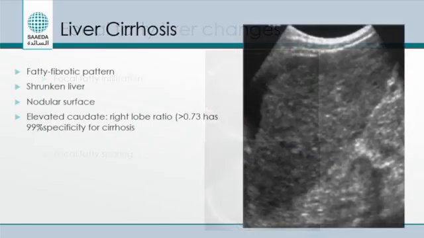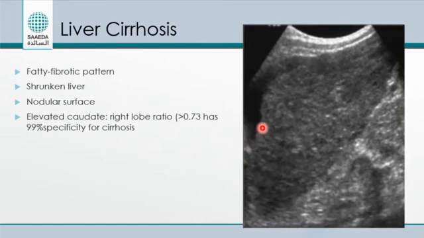Regarding liver cirrhosis, it's a fatty fibrotic pattern, usually associated with a shrunken liver. Not always. It starts with a normal liver, might increase in size, and eventually ends up with a small liver. A very important thing is to look at the surface of the liver. The surface of the liver should be perfectly smooth and flat.